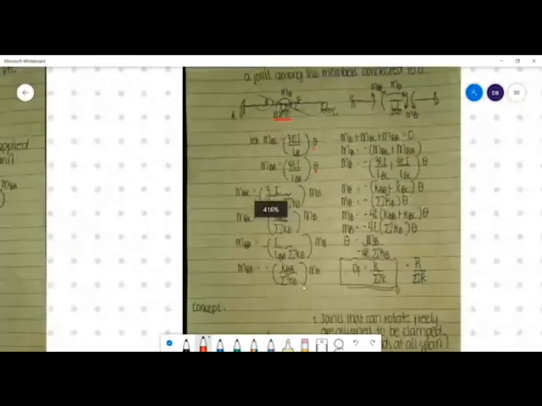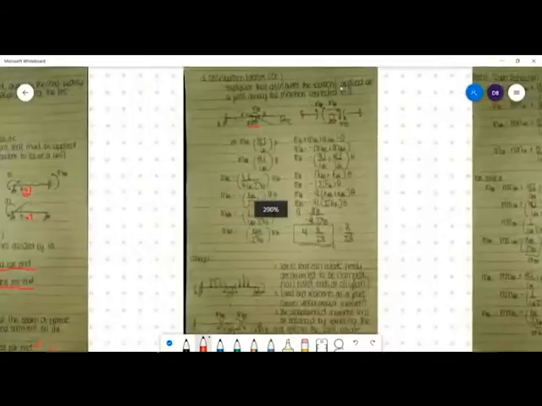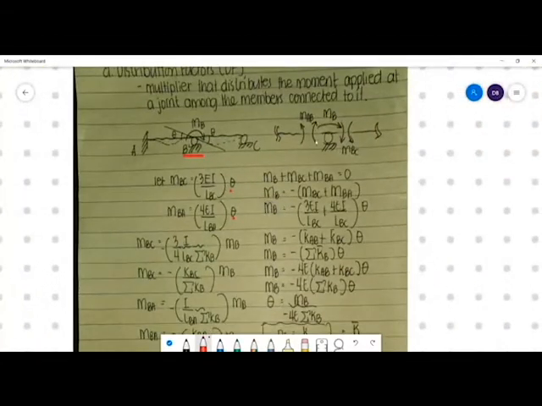With respect to the support, we know there is a moment MAB acting on it, and there is also moment MBC. These moments are not in equilibrium.